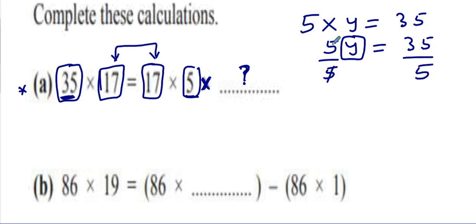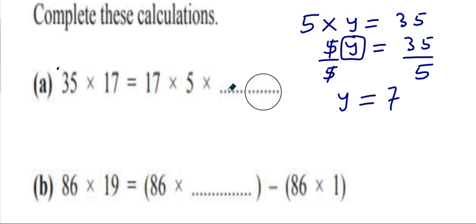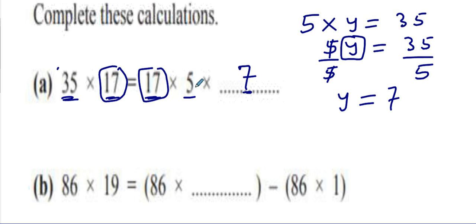Divide by 5, that will be 35 divided by 5, that's 7. So the missing number, 35 times 17, is the same as 17 times 5 times 7. Why? Because 5 times 7 is 35, and the 17 is still the same. This is 17, this is 17. So the missing number is 7.